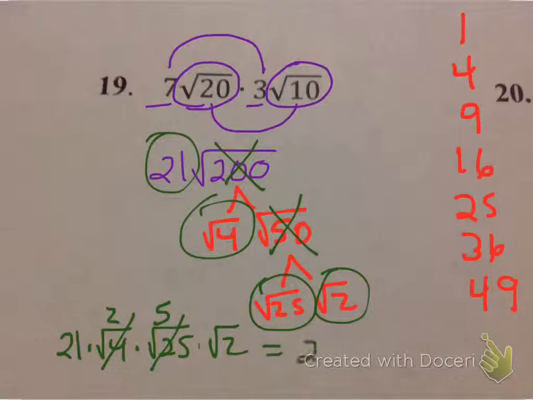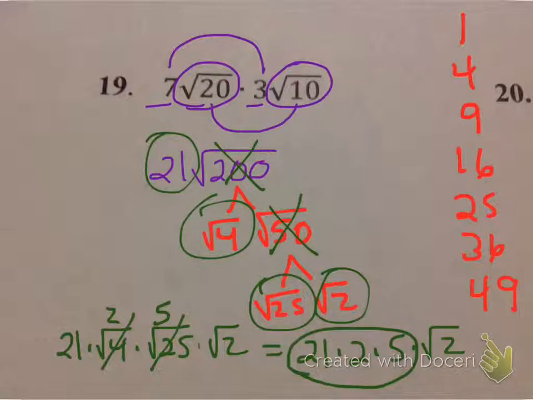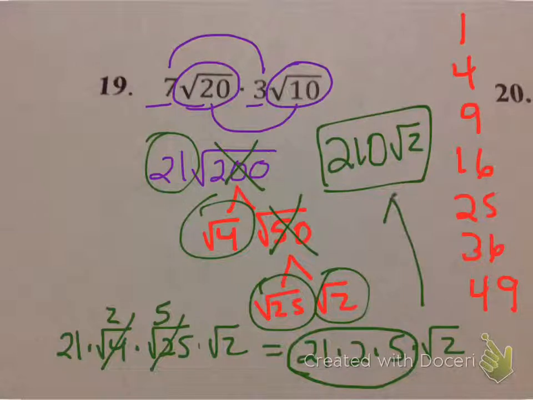So now I have 21 times 2 times 5 times the square root of 2. So I multiplied 21 times 2 times 5, and you get 210, and then this times the square root of 2. And that's your solution. That's how that breaks down.